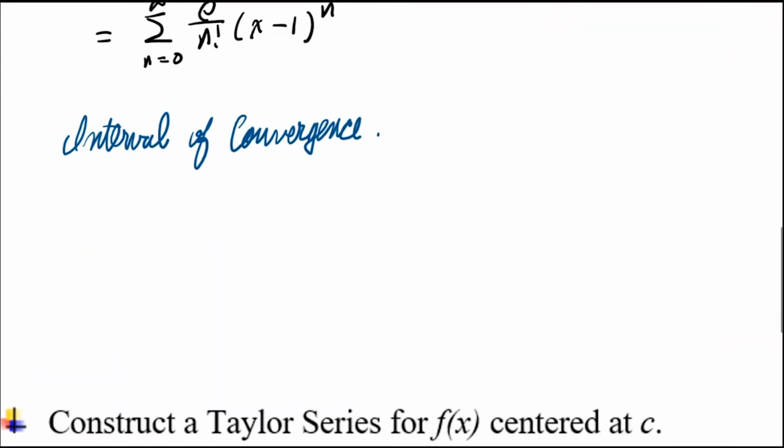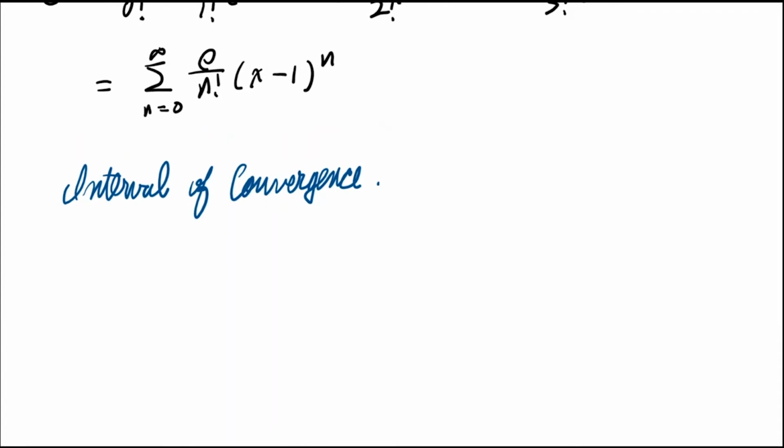Okay, so limit as n approaching infinity, and then we put exactly that, which is very ugly, gigantic absolute value, and then you put e over n factorial and x minus 1 to the nth power.